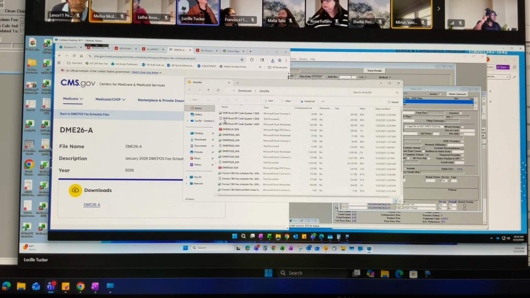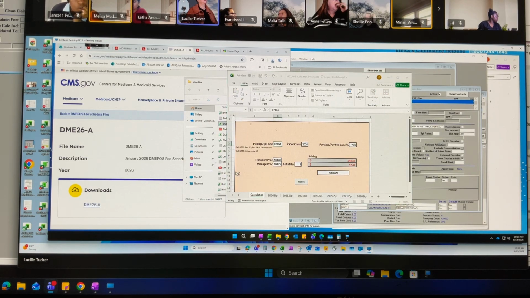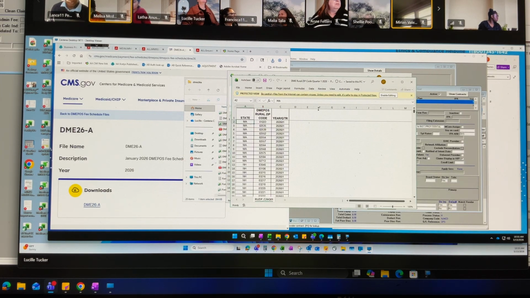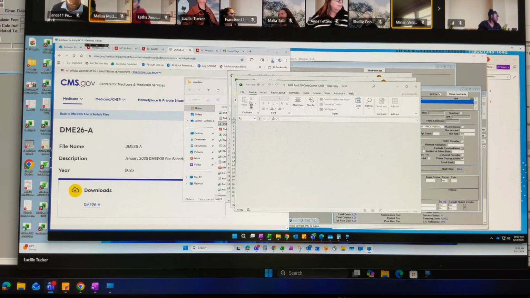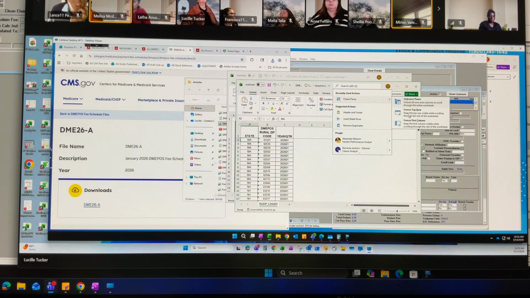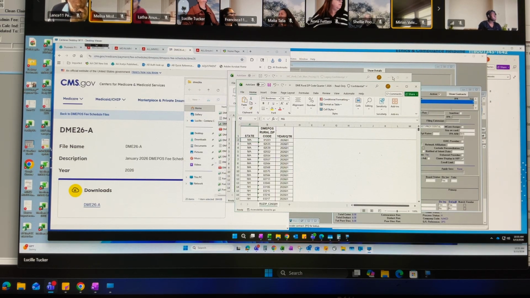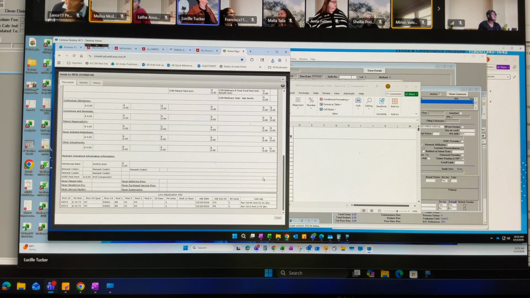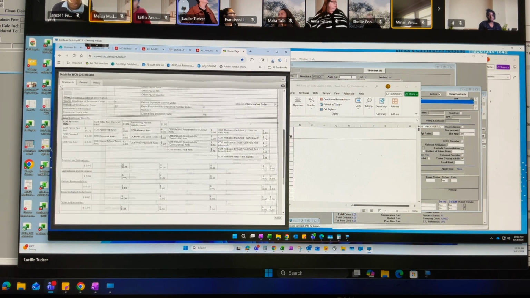So the first thing I'm going to do is open the Excel workbook to check to see if my zip code is rural. Okay? And the zip code I want to use is the zip code on the claim in box 5.